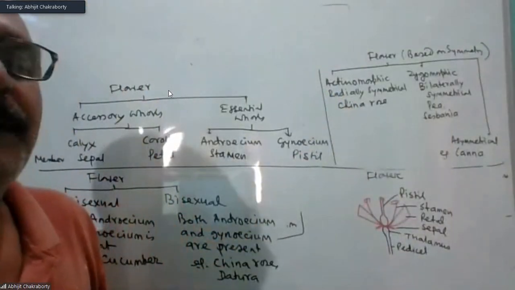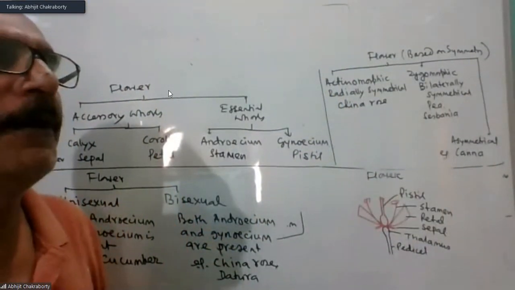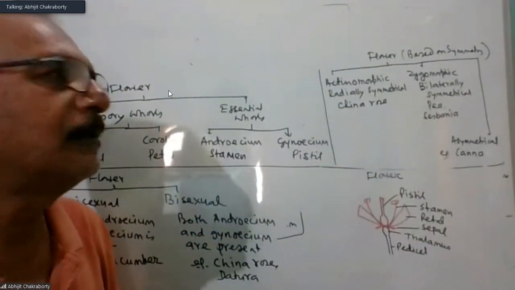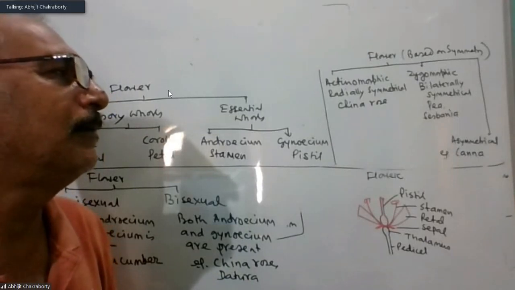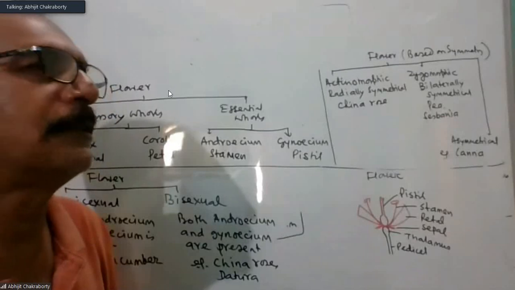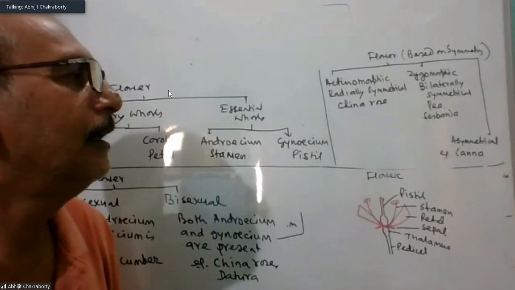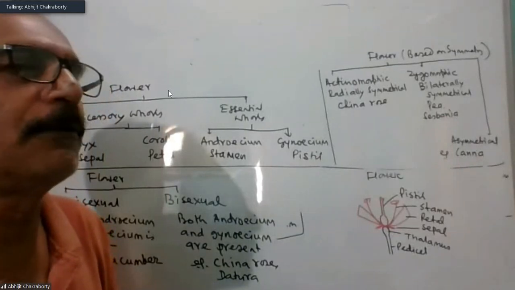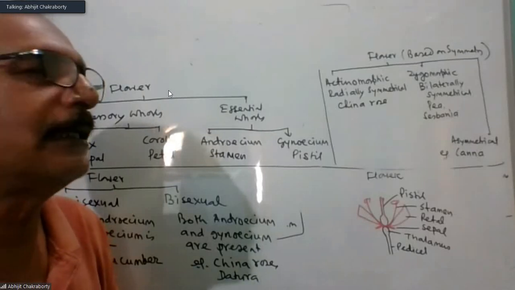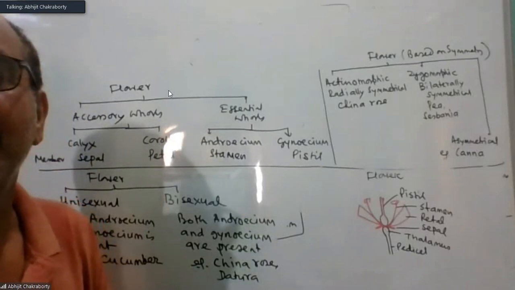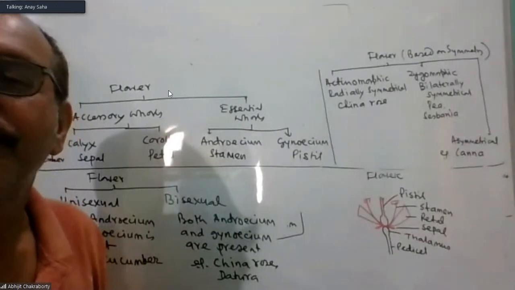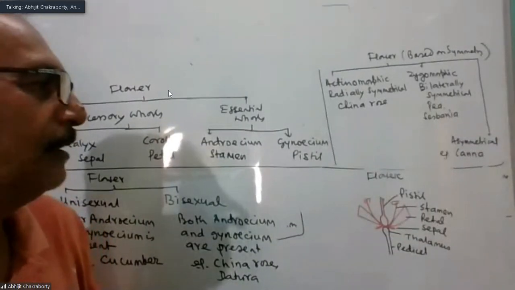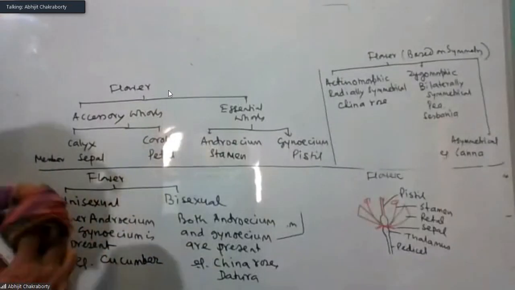Zygomorphic: the flower can be divided into two equal parts only when it is cut through the central axis in one plane. Asymmetrical: the flower cannot be divided into two equal parts at any plane. Is it clear to you now? Yes, sir. Okay.